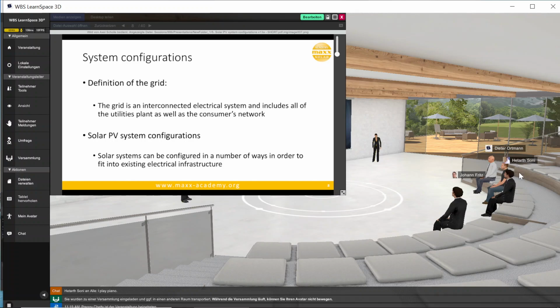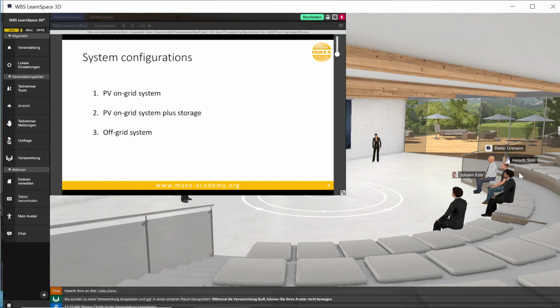It is that transition to grid 2.0, which is now the smart grid where power can flow in all directions, and where clever decisions are made to minimize or optimize the grid. Okay, so then we've got our solar PV systems that can be configured in a number of ways in order to integrate into the existing infrastructure.